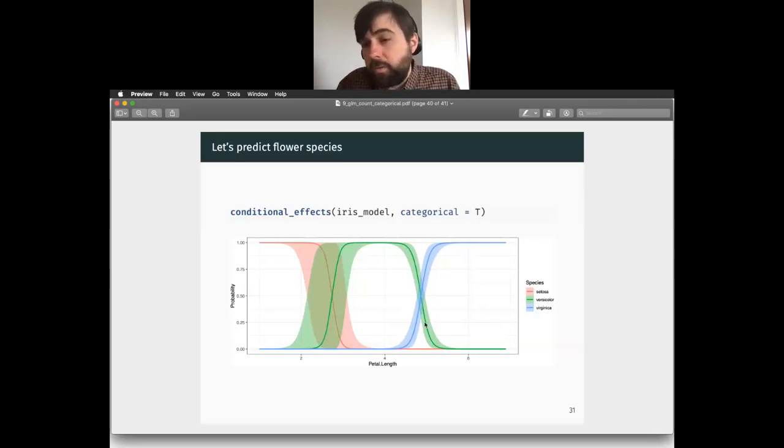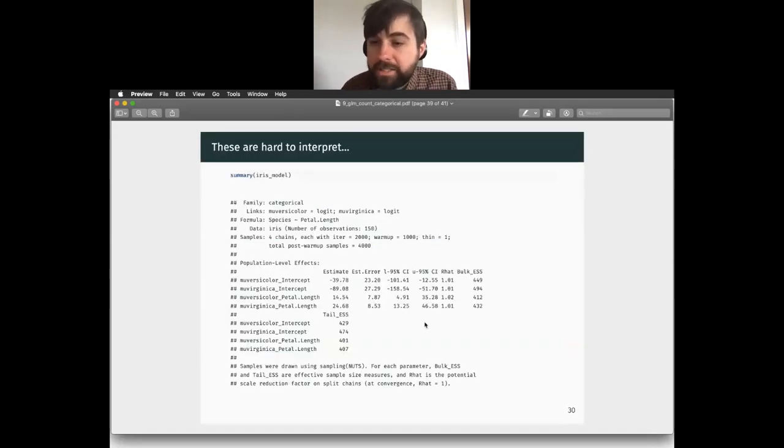So this is how I strongly suggest you interpret categorical models, on the scale of the probability of the outcome, right? Don't look at this. I mean, look at it to check convergence, look at it to see if there's something funky going on with your model. I've been hammering this all semester, but this is a context where you absolutely cannot make interpretations based on the parameter table.